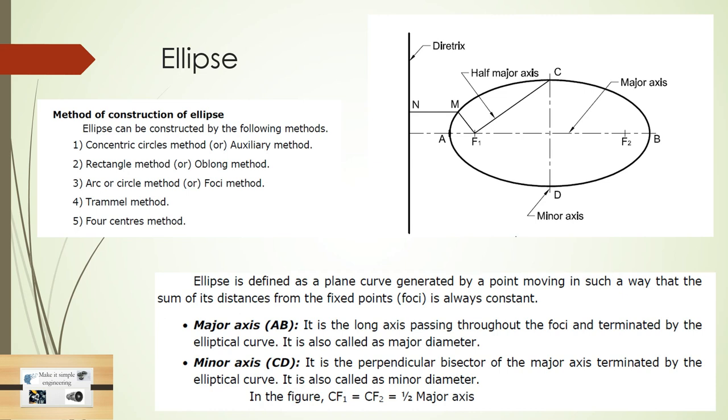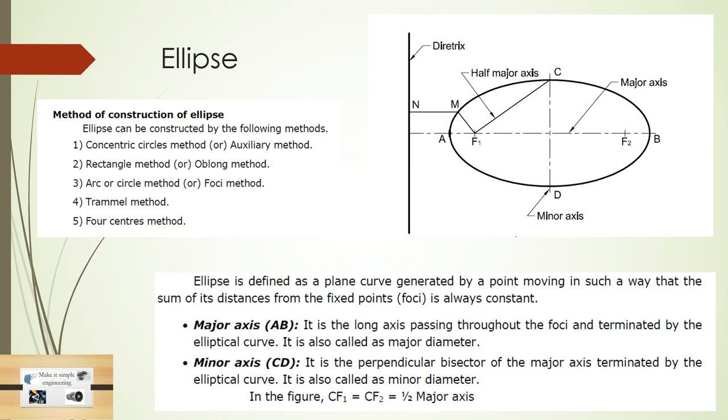You can see those mentioned in the figure. Here AB is the major axis and CD is the minor axis. A and B are the 2 vertices, and the distance from the focus to the point C is equal to half of the major axis AB, that is AB by 2.